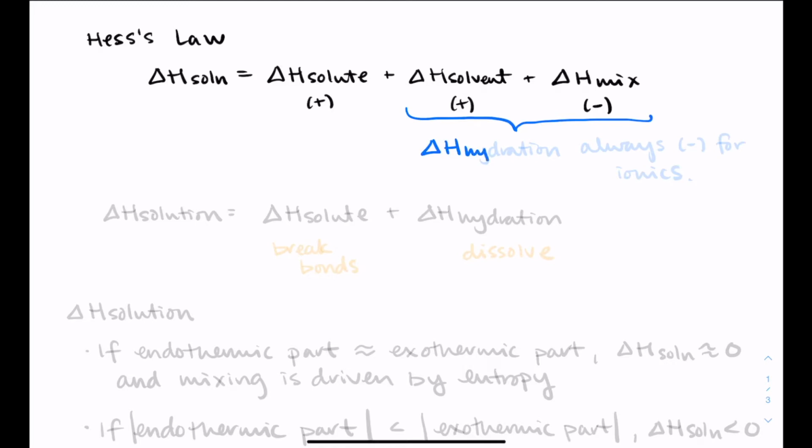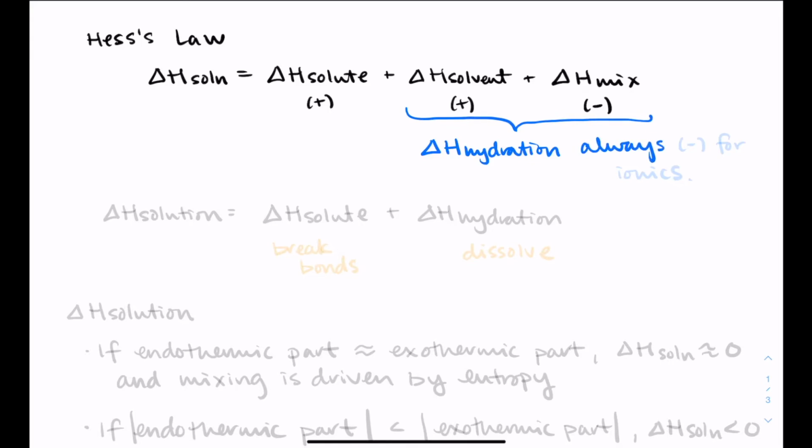I specifically put the solvent second because the delta H of the solvent plus the delta H of mixing, we can combine and call that the delta H of hydration. Hydration is the process of making space in the solvent and then putting ions or molecules there. So those 2 steps together, that is the whole process of hydration.